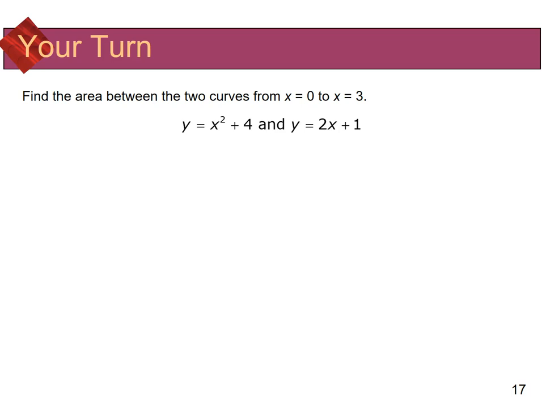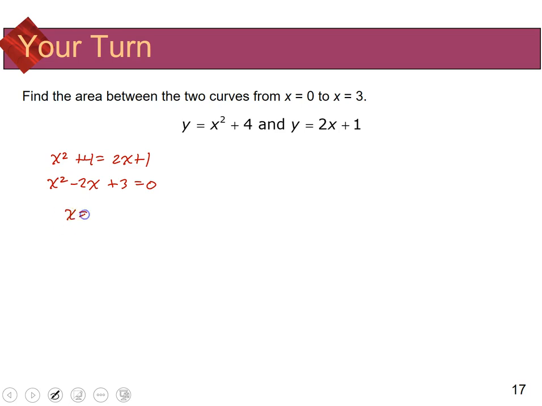So I don't start off with the graph first. I actually start off with finding any intersection points first, because I want to know what that is if it happens. So I am going to set x squared plus 4 equal to 2x plus 1. I end up with x squared minus 2x plus 3 equals 0.